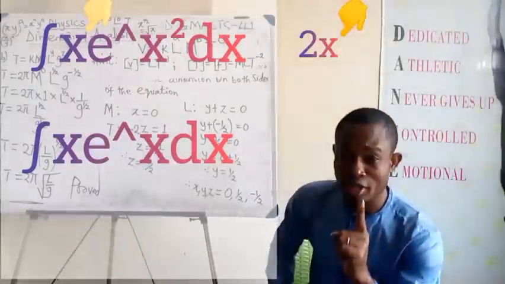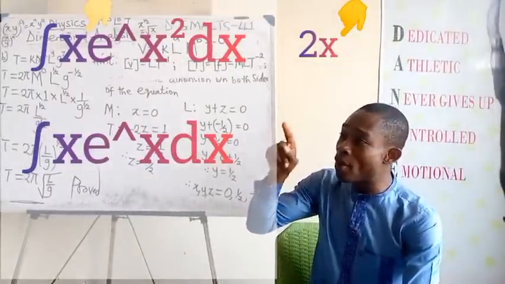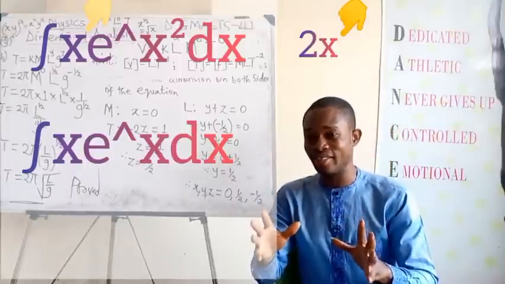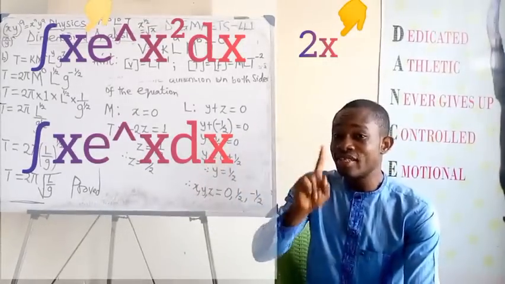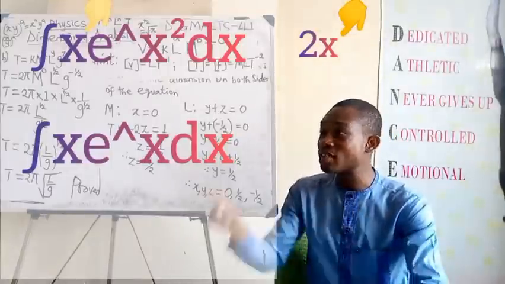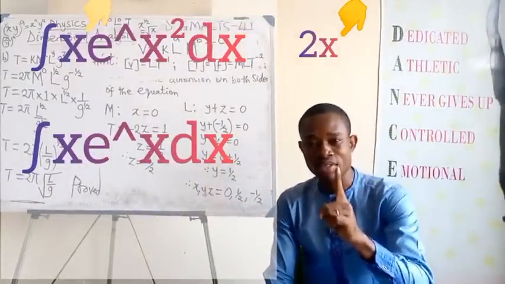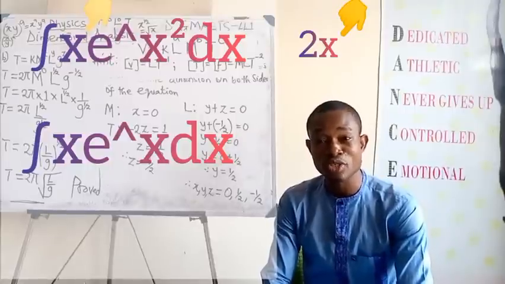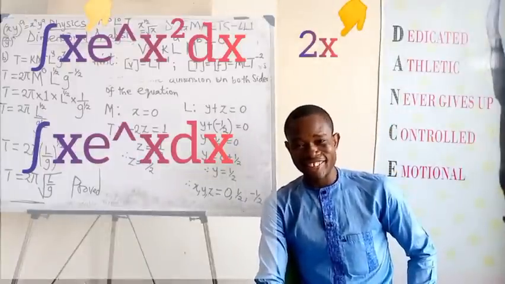Now listen, let me tell you the trick. Since the power of x you obtained when you differentiated x squared is the same as the power of x that is multiplying the exponential term, it simply means that U-Substitution will solve that question. Did you like that?